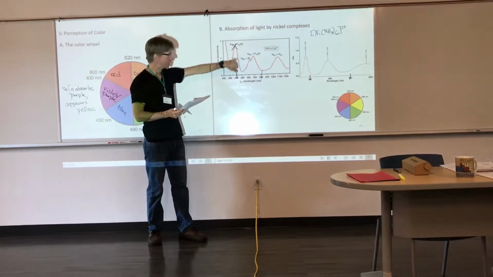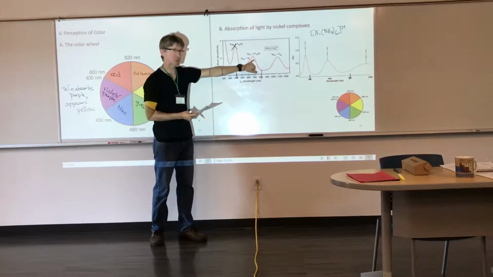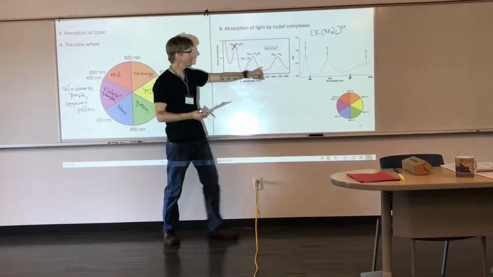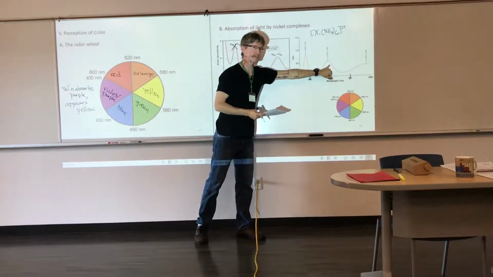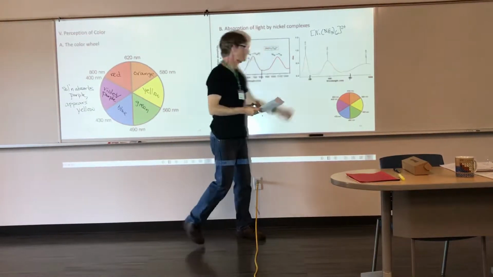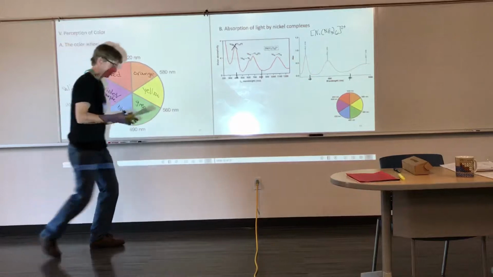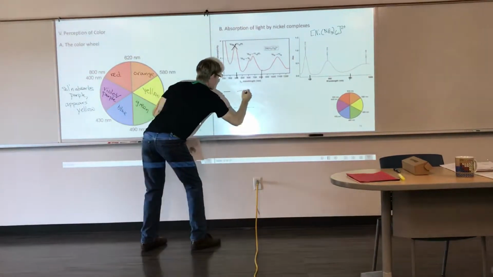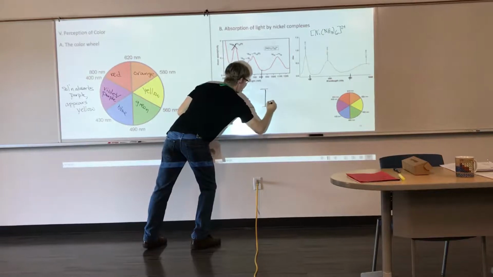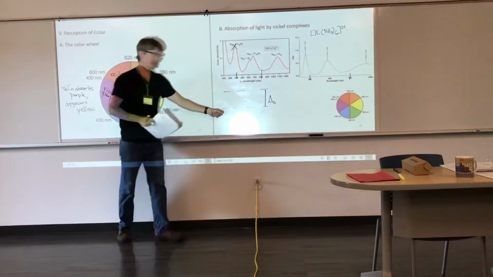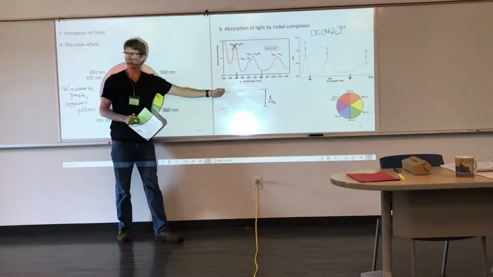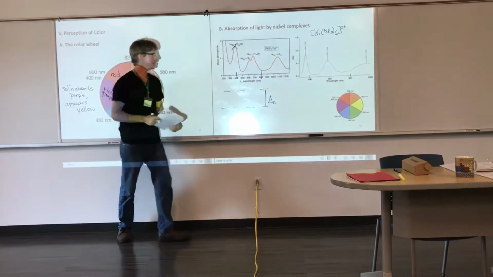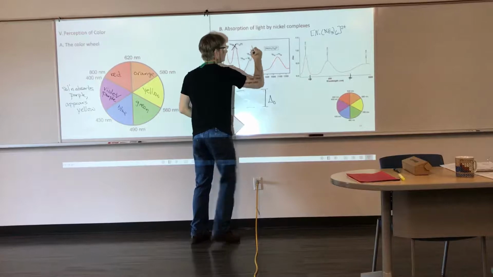And what we are going to say is that this absorption, which is even a little complicated in and of itself, and this absorption are due to an electron going from the lower to the higher energy orbitals. So this one here.